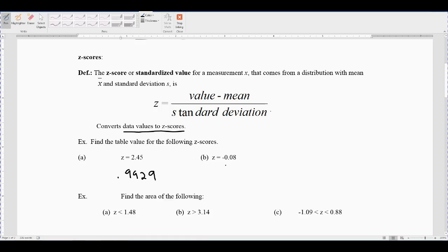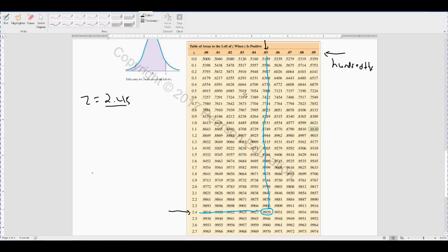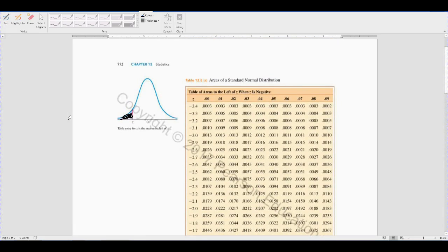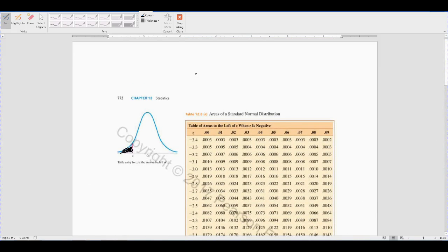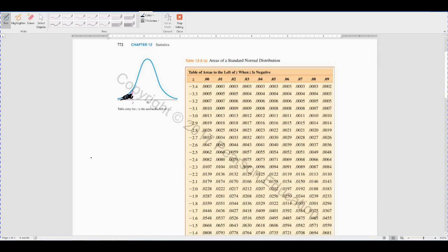Now this other z-score is negative 0.08. So let's go there. These are positives. Negative 0.08, so we're in the negatives. I better write that over here so we can use it as a reference.